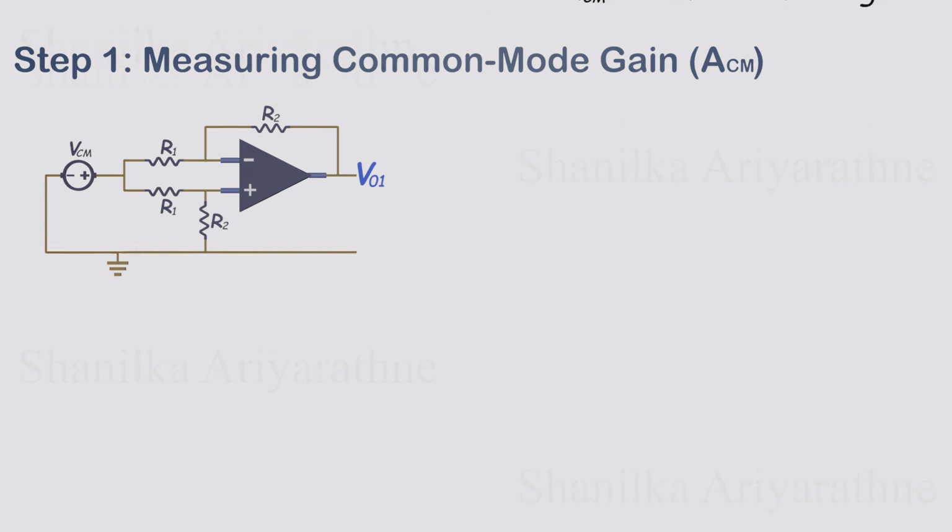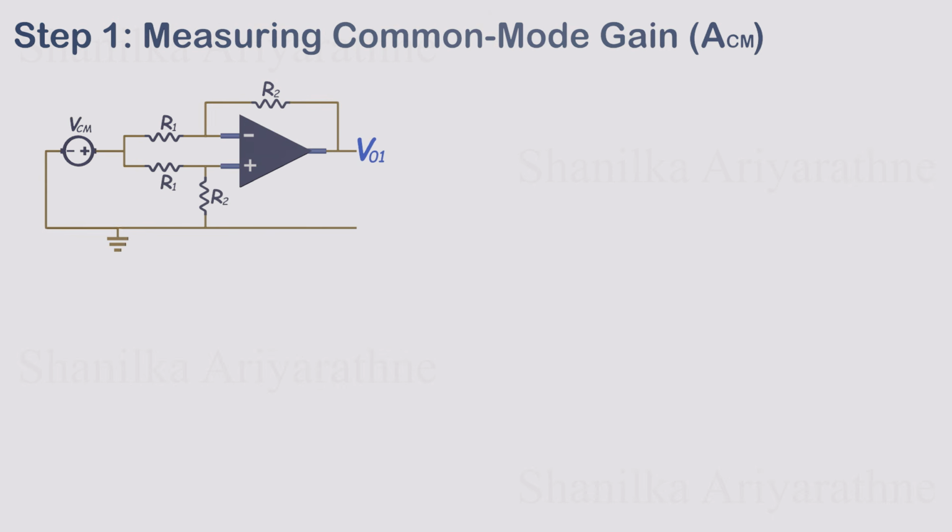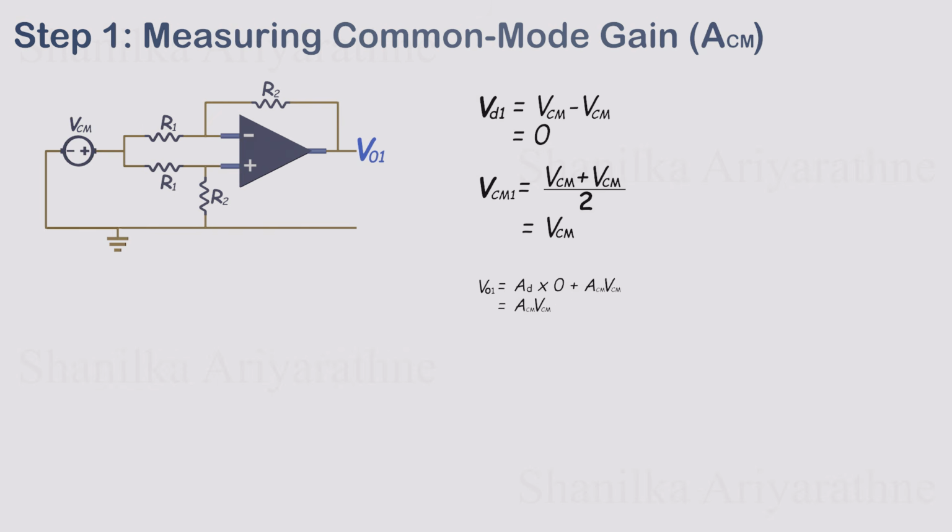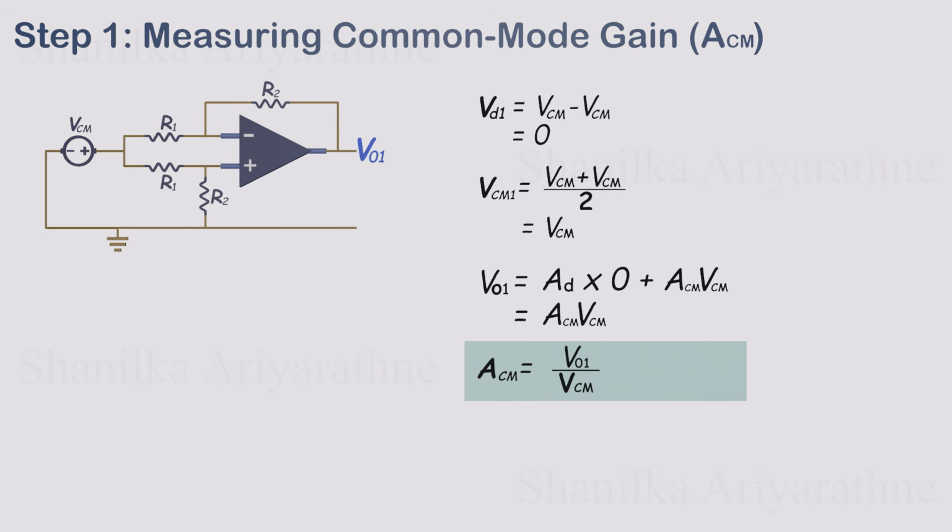For the first experiment, we set both inputs equal to the same value, VCM. That makes the input difference 0. In this case, the differential term cancels out, and only the common mode term remains. If we measure the output, let's call it VO1, we can calculate the common mode gain as ACM equals VO1 divided by VCM.